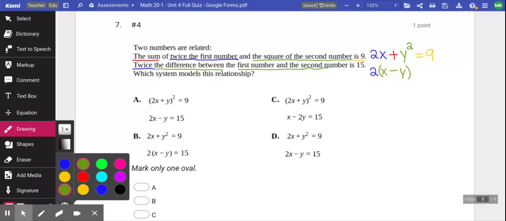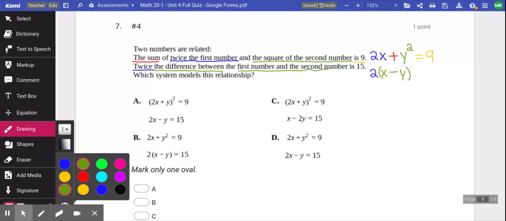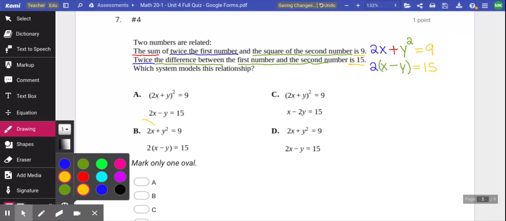That would be twice the difference between the first number and the second number. That one's tricky, right? Because we have to have brackets around that. Is 15 means equals 15. If we look, that matches up with B: 2x plus y squared equals 9, and 2 times (x minus y) equals 15.